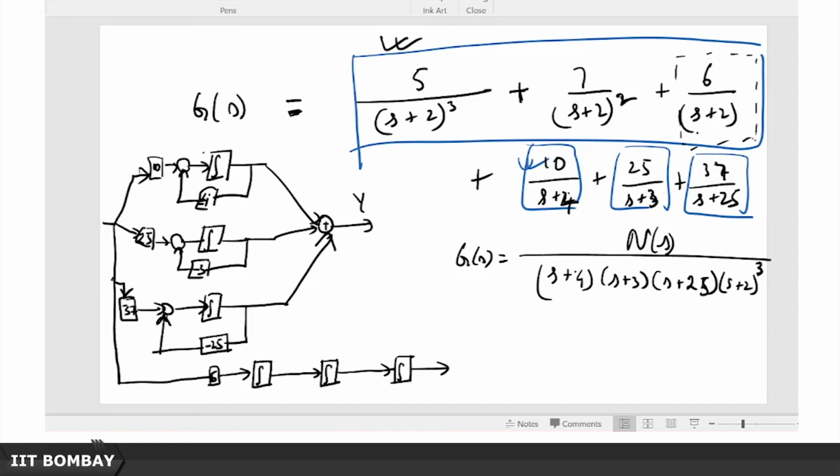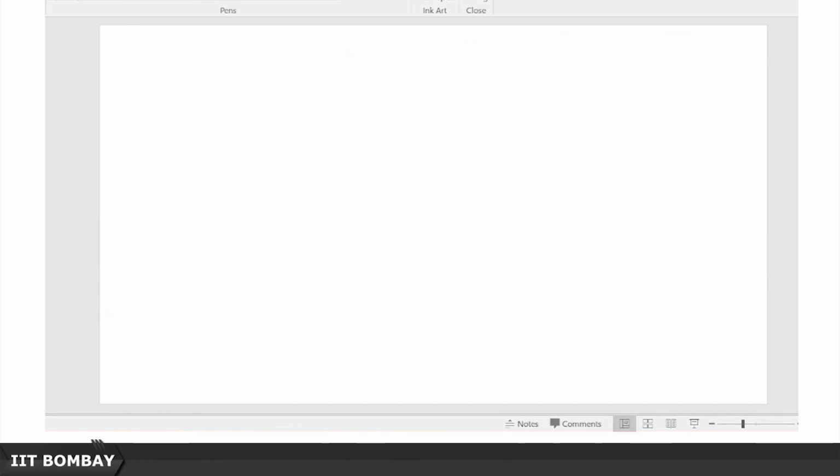And then I just realize this. Sorry, I do not have space, so let me continue this part of the figure in the next slide. In the next slide I am going to continue just this part of the figure. You realize what I am trying to do here. So let me go to the next slide.